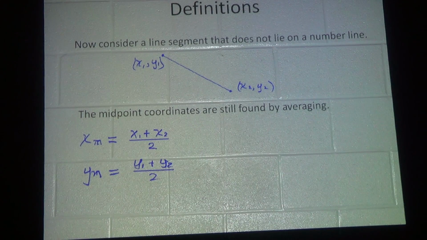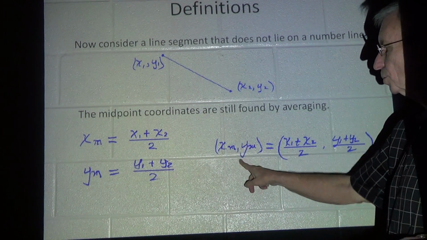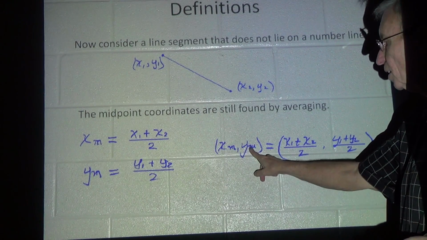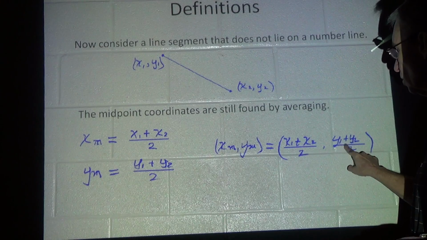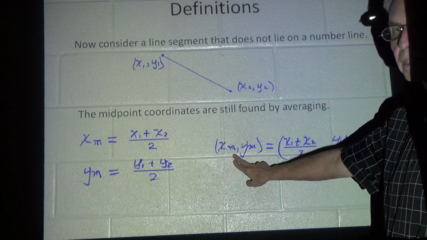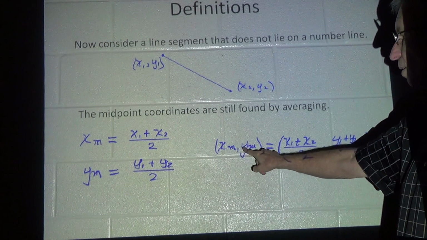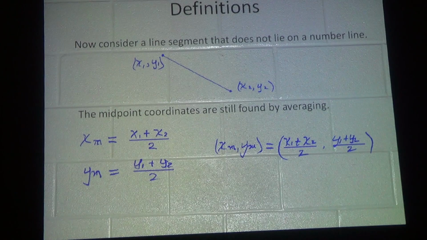So the midpoint formula, which you will see on any kind of test that you take, is going to be x1 plus x2 over 2, y1 plus y2 over 2. It is nice that it's written this way, where this is the x of the midpoint and the y of the midpoint, because once again they're going to ask us to project before we're finished with this. And if we understand that concept, then we don't have to do so much work.